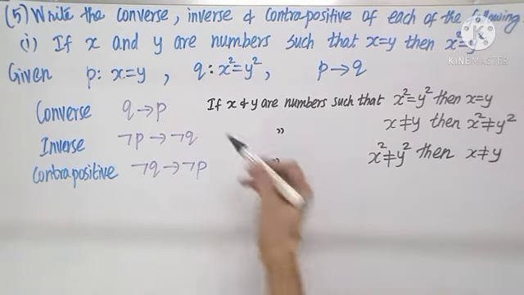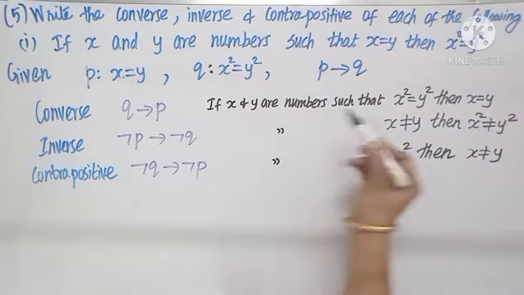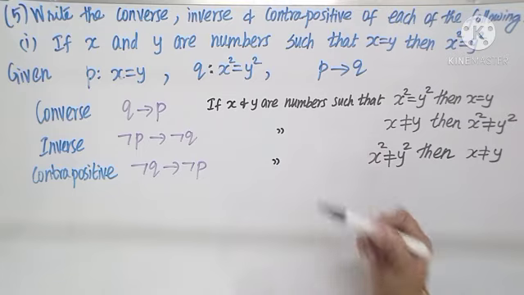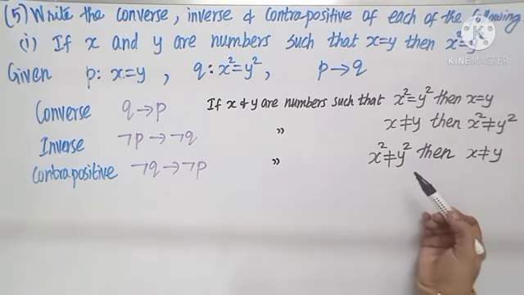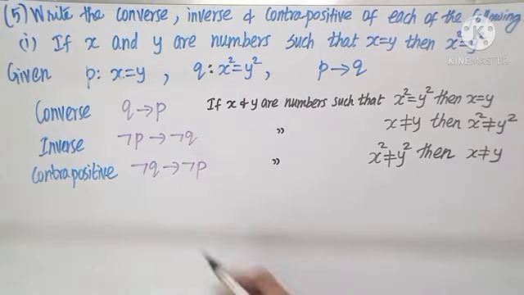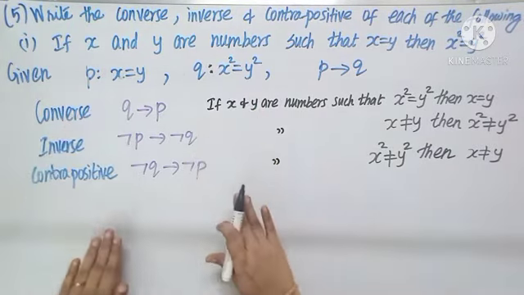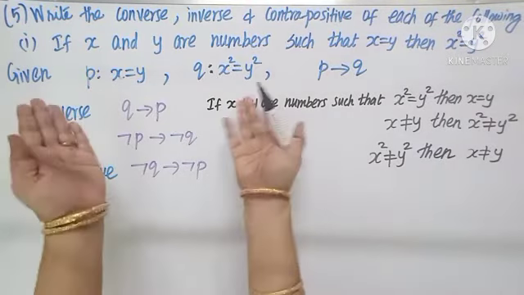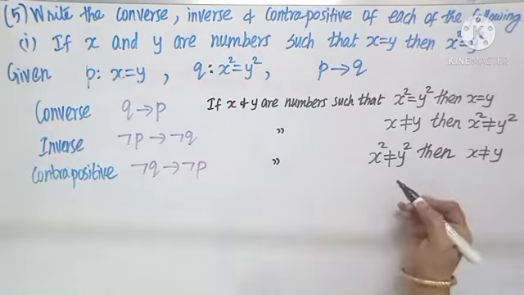Let us remember to write the given first part as it is. If x and y are numbers such that must come in all the three statements. Here I reverse. This comes first, this comes second. Here I write the same order but I put not for both. Here I reverse, also I put not.